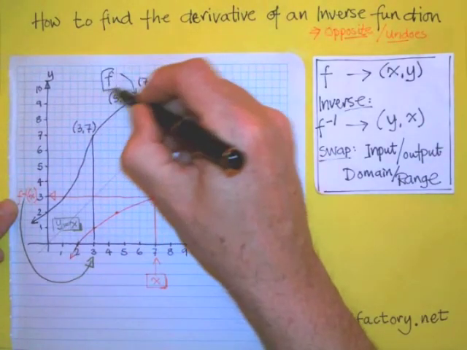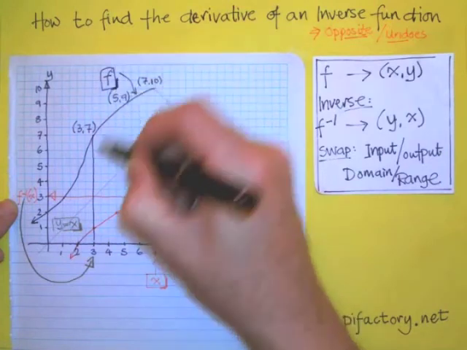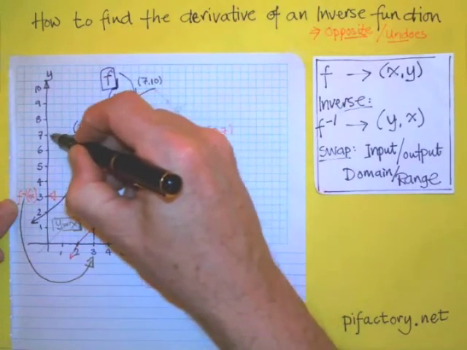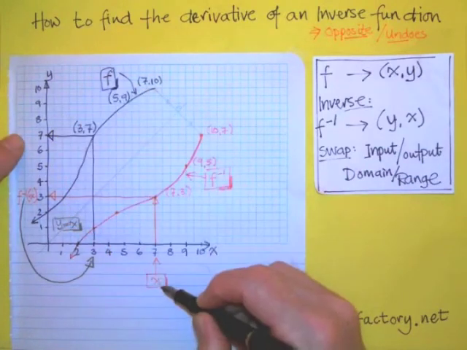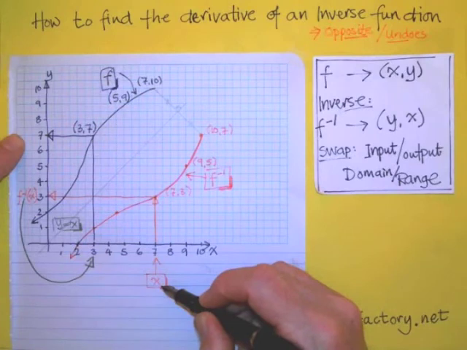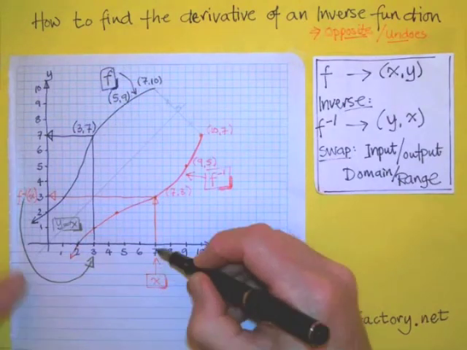Here's f. Let's put a little box in there. And out comes 7, which, hang on, was what we put in the first place, x. So that is one way that inverses work.